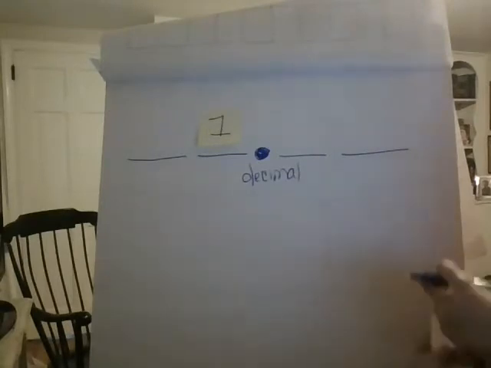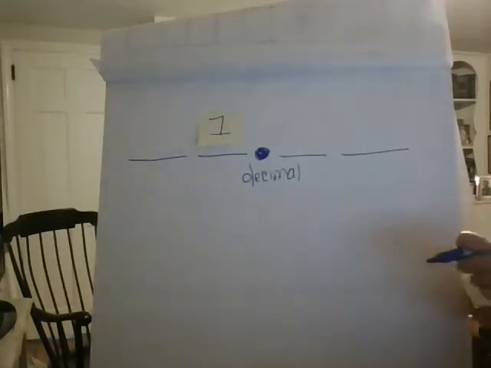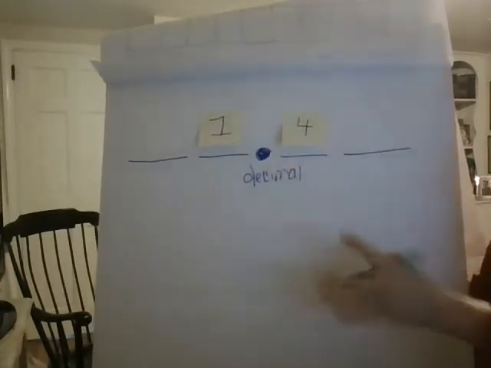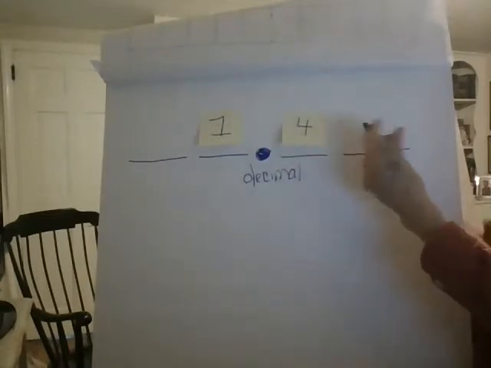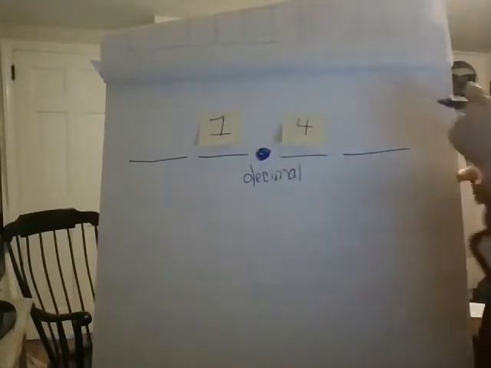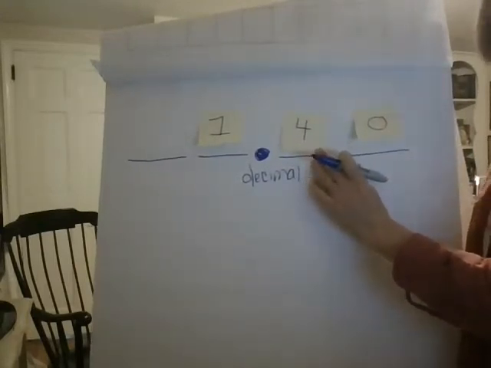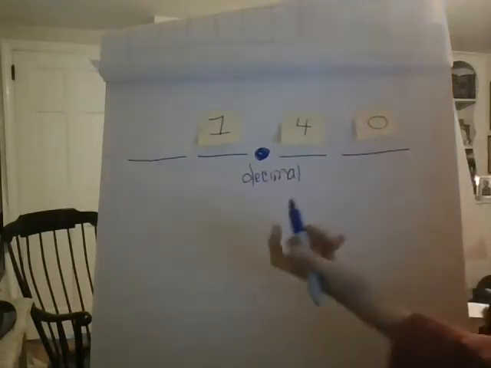If I were to pull out dimes and I had 4 dimes right now, where would I put it on my place value chart? I would place the 4 here, representing 4 tenths or 4 dimes, or value-wise, 40 cents.